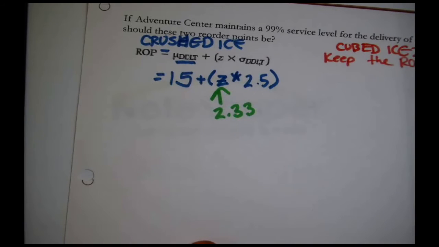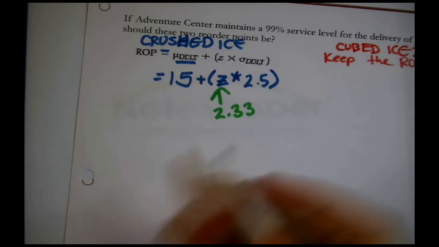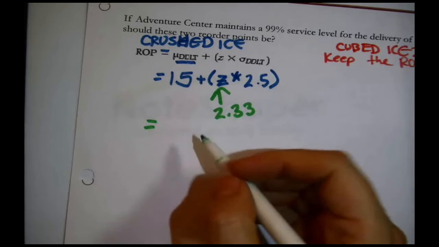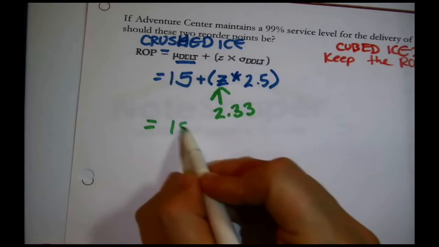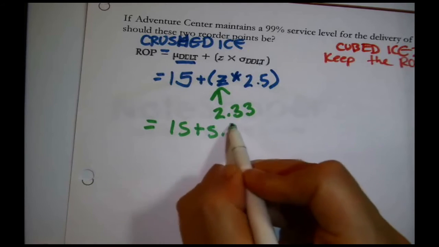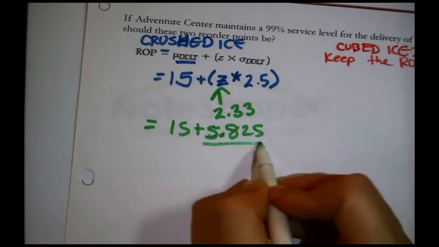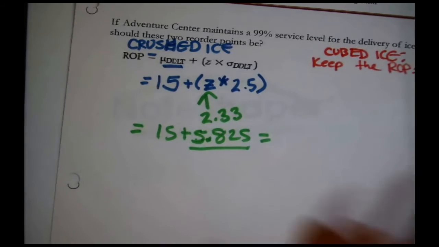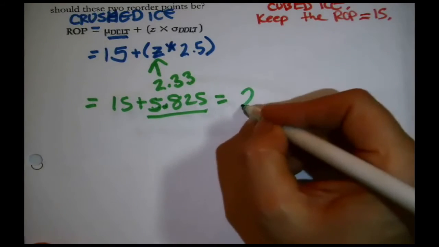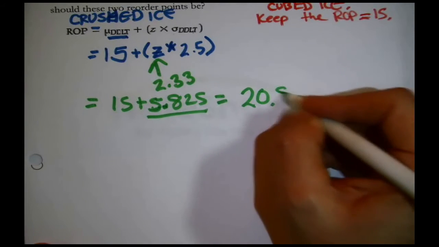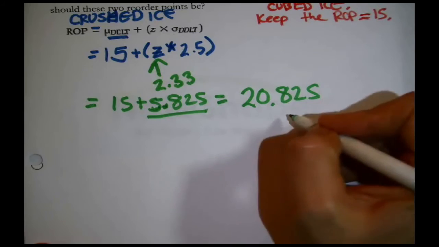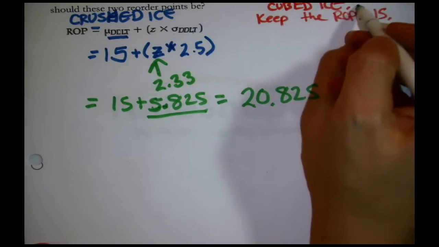I did that, and I get 15 plus 5.825. That's your safety stock right in here. But wait a minute, the question was, what's the reorder point? Well, what's that work out to be? 20.825. For cubed ice, keep it at 15.